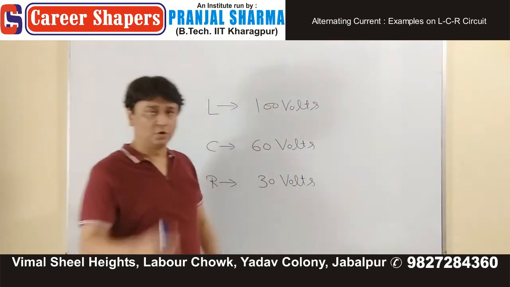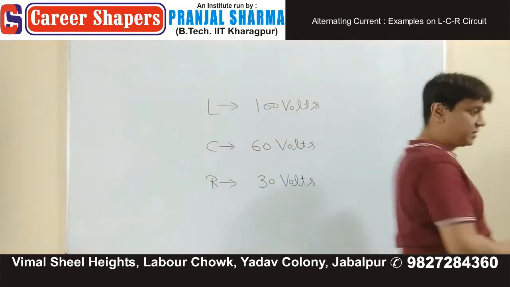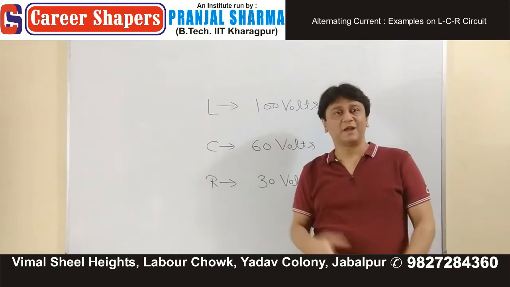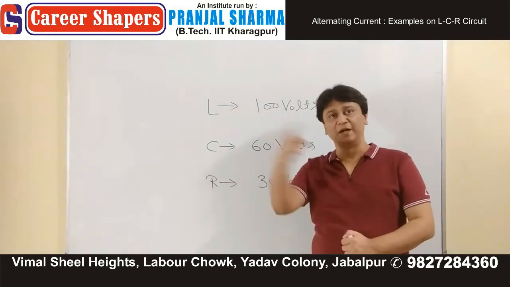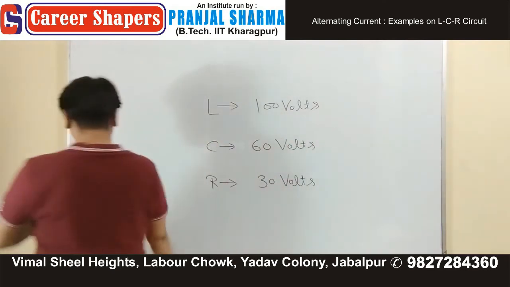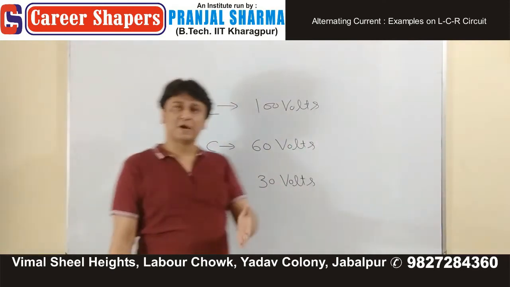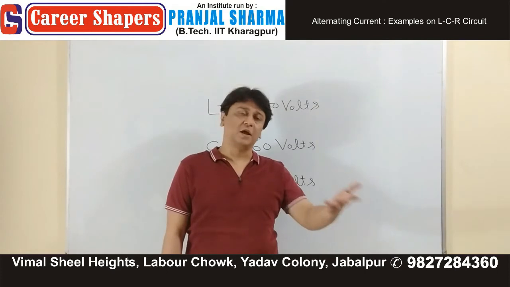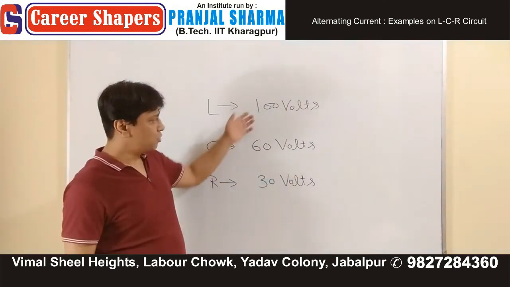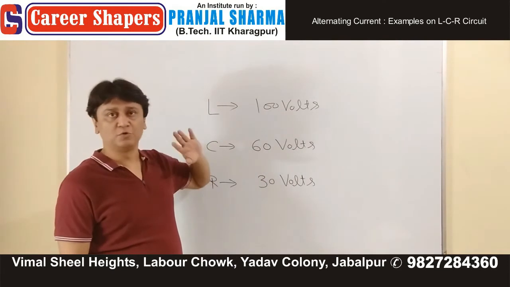This cannot be the average value. For average, the average of VL will be what? 0. Normally average is asked for one complete cycle, and you know that for one complete cycle things are positive for half of the time and negative for half of the time, and therefore average is also 0. These could have been the peak values, but we do not provide peak.